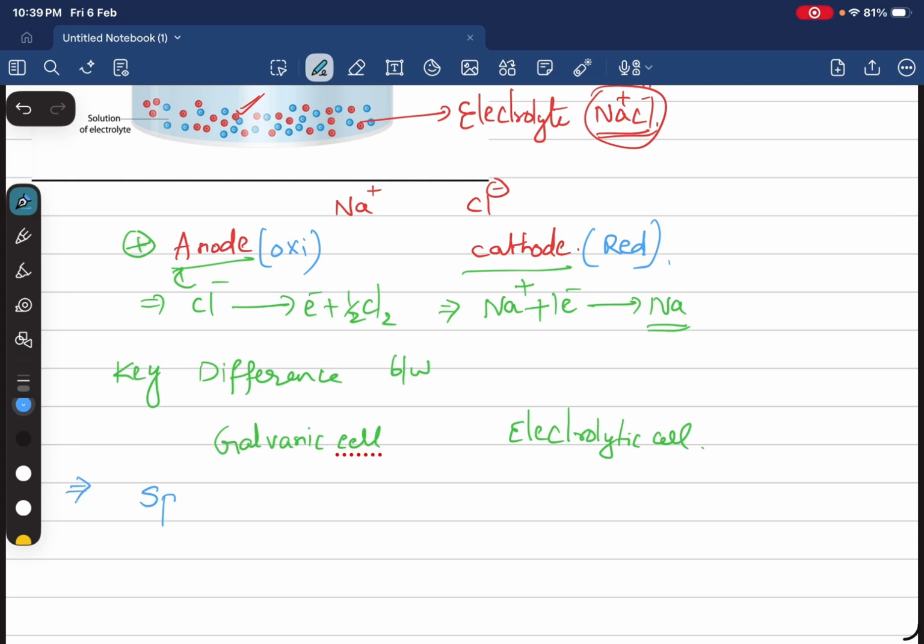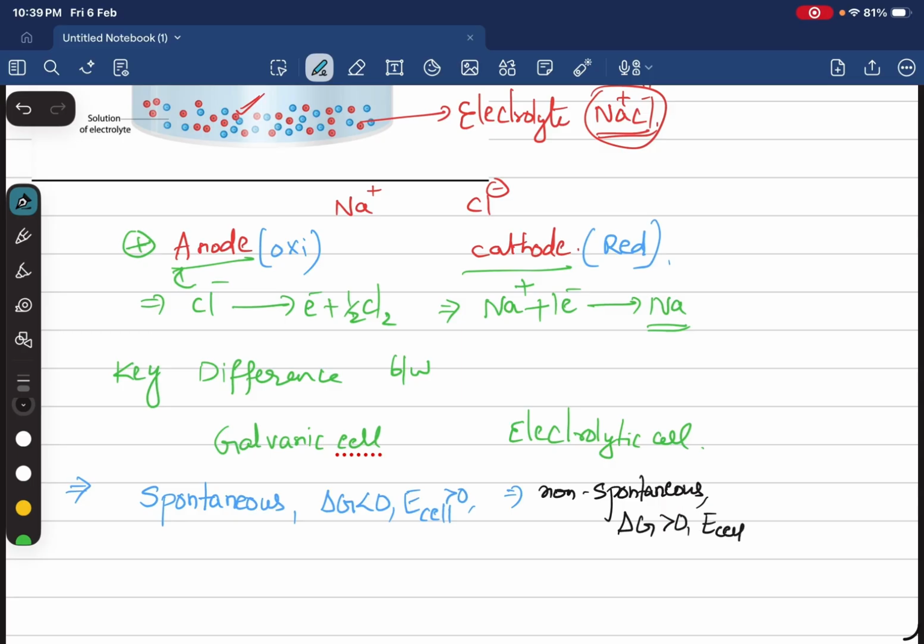So galvanic cell is a spontaneous process because we didn't use external energy there. So spontaneous process, delta G value less than 0, E cell value greater than 0. But in this case we have used external energy, so it is a non-spontaneous process and delta G is greater than 0, E cell is less than 0.